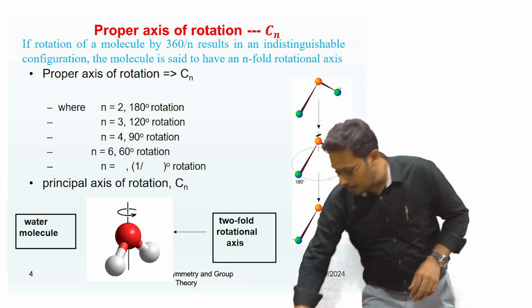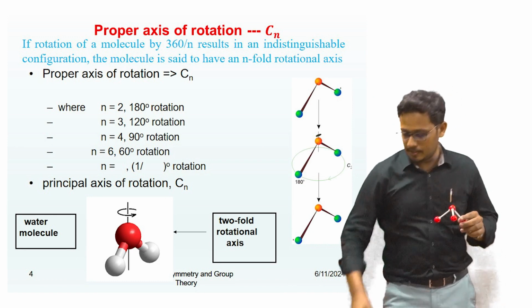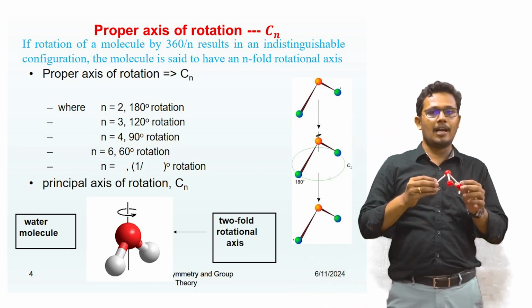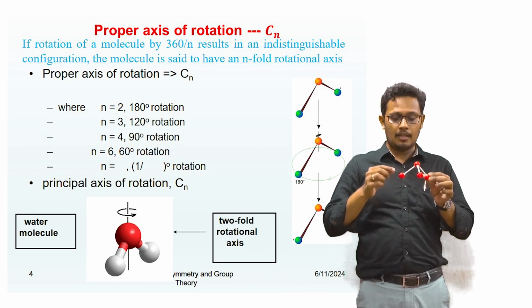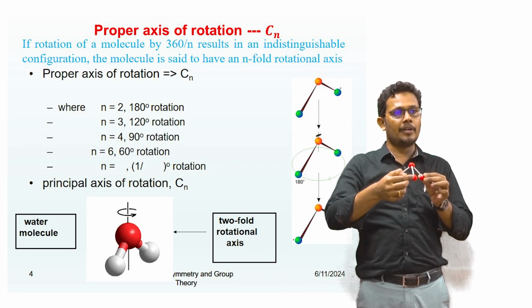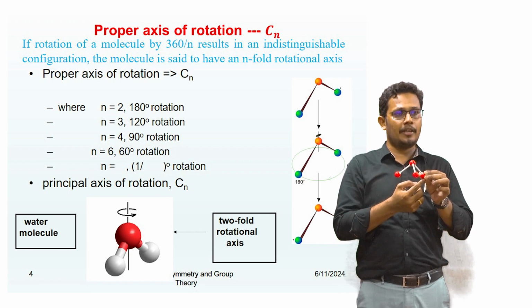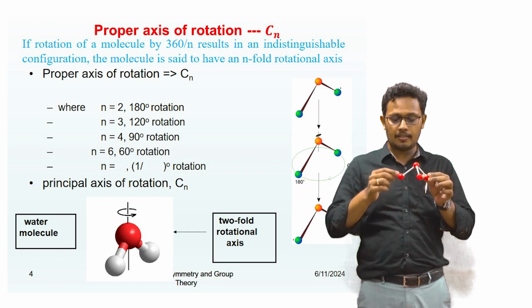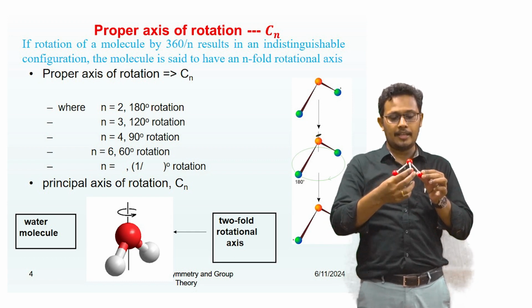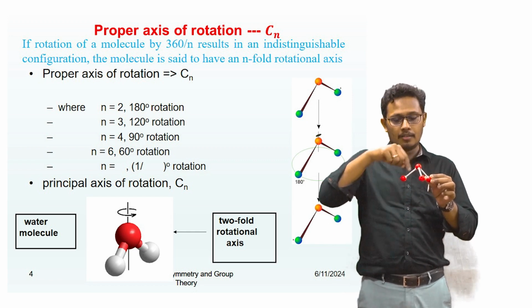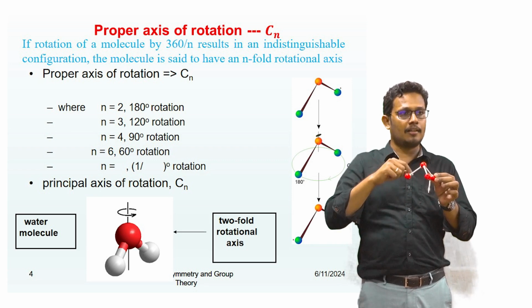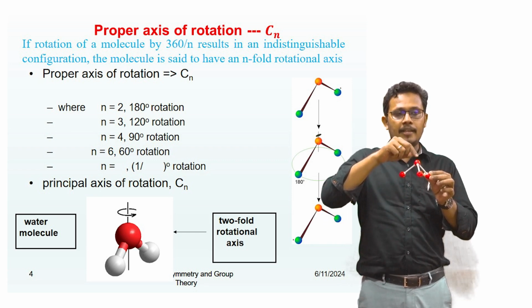Now you consider another molecule, which is ammonia. As you know, in the center we have nitrogen, and here we have hydrogen, here we have hydrogen, and here we have the third hydrogen. For our convenience, we designate these as H1, H2, H3. To get an indistinguishable configuration, we need to apply some operation.